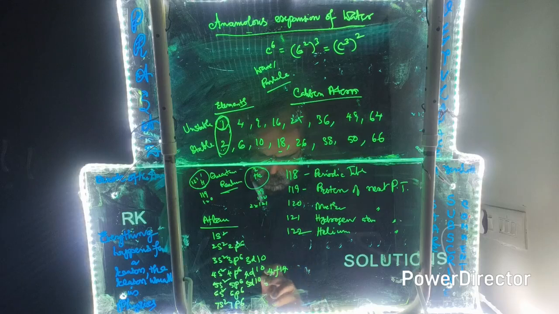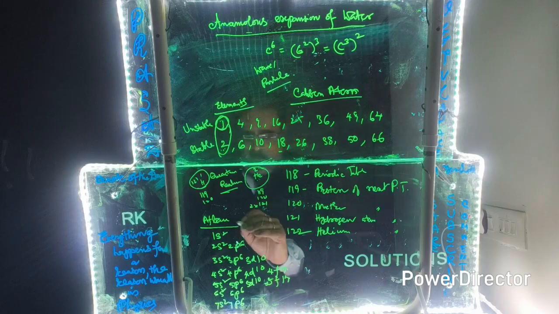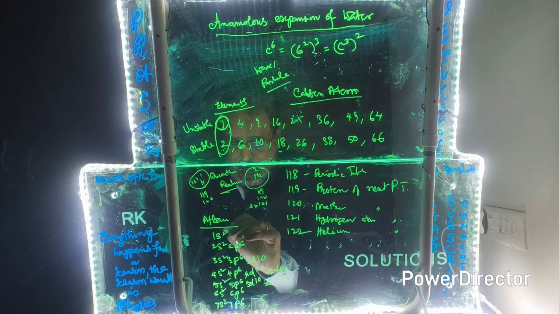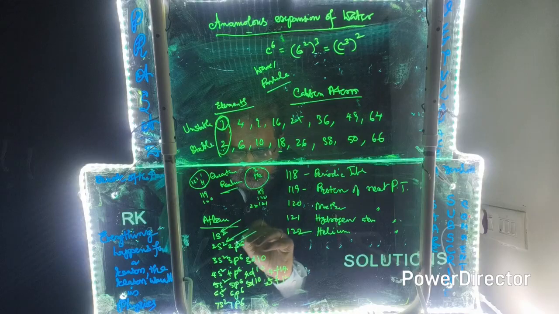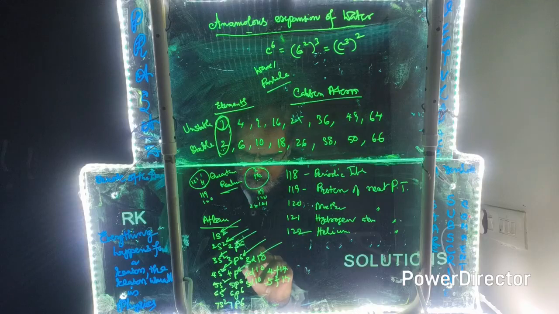So according to the Aufbau principle, electrons go on filling like that.